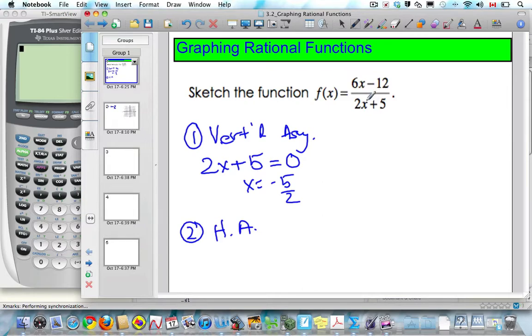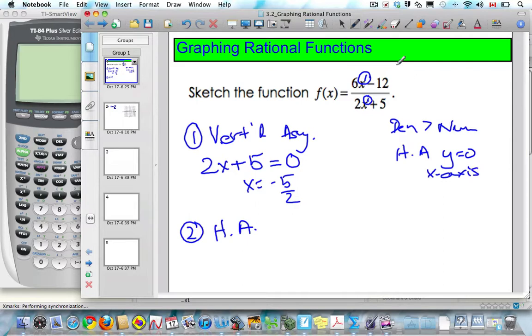If the bottom is larger than the top, if the denominator's exponent is larger than the numerator's exponent, then the horizontal asymptote is y equals 0, which is the x-axis.